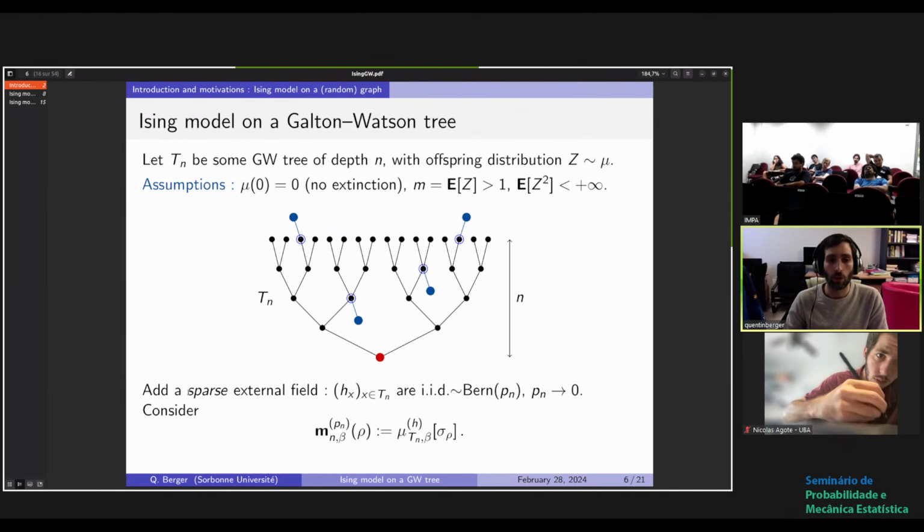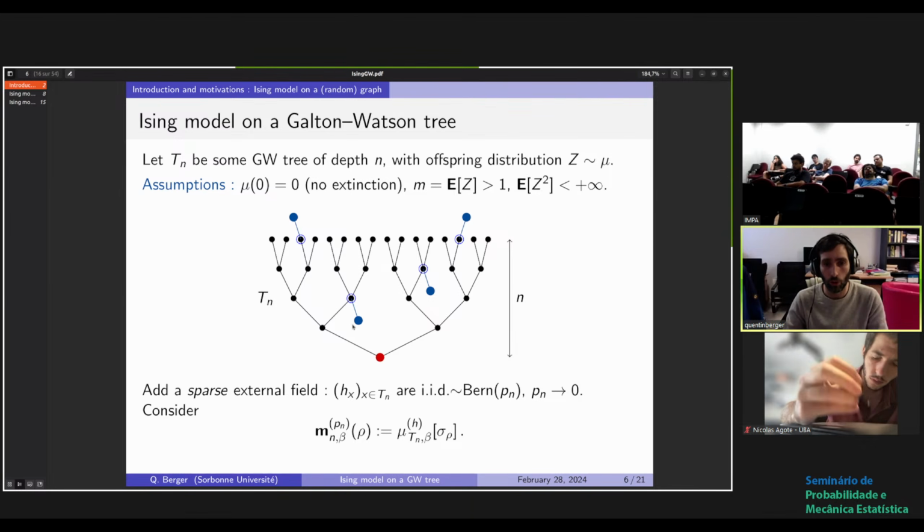This is what I call the sparse external field, and sometimes a sparse Bernoulli external field, because at every vertex I'll attach a plus. You could think about attaching a positive real random variable, but just the plus makes it simpler, and you can compare these different models. The attachments are IID Bernoulli with parameter p_n.